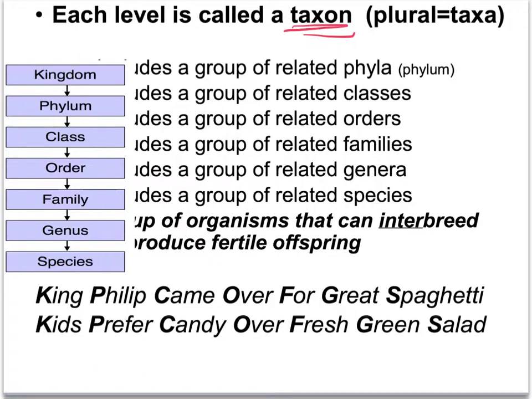All the phyla include groups of related classes, and so on until we get to the species. And the species is called species because it's the most specific. It's very important that you have a mnemonic device to help you remember the hierarchical system of classification. These are 2 examples: King Philip came over for great spaghetti, or kids prefer candy over fresh green salad.